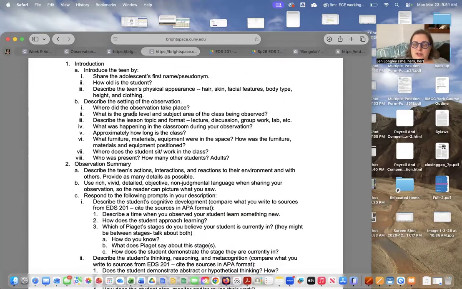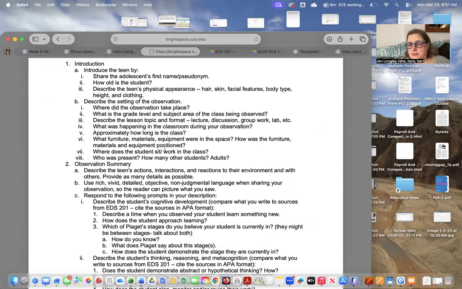When did the observation or observations take place? Grade level and subject of the class being observed, the lesson topic and format, and was it a lecture, discussion, group work, lab, etc.? What was happening in the class during the observation? How long was the class? Furniture and materials. And how was the space and materials equipment positioned?